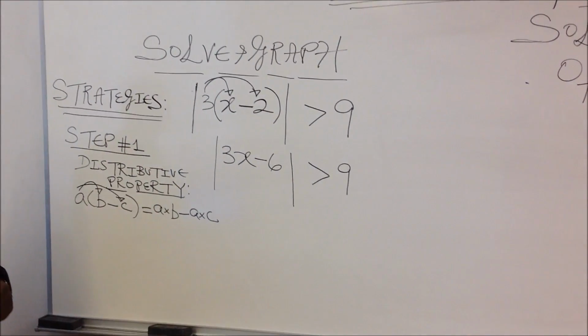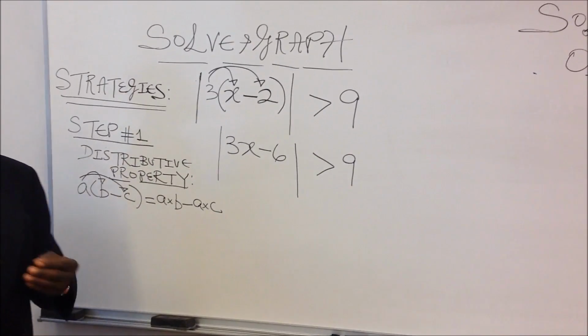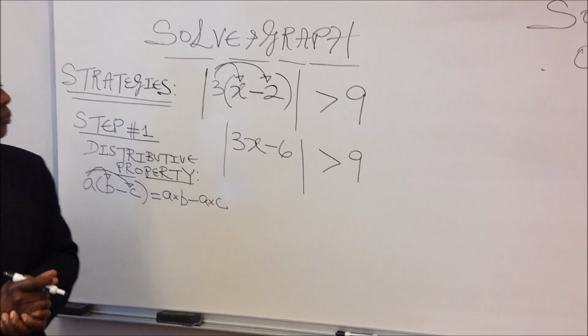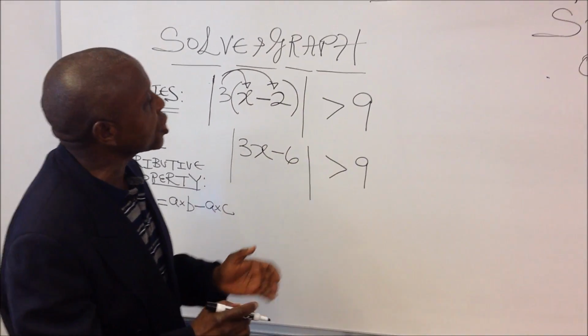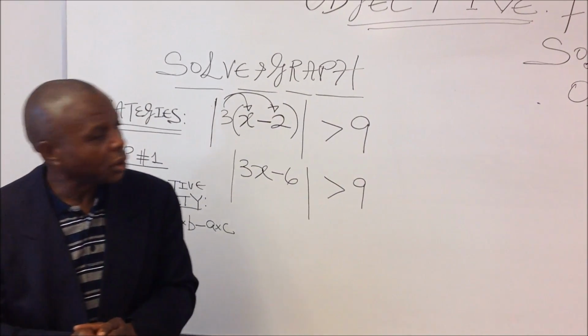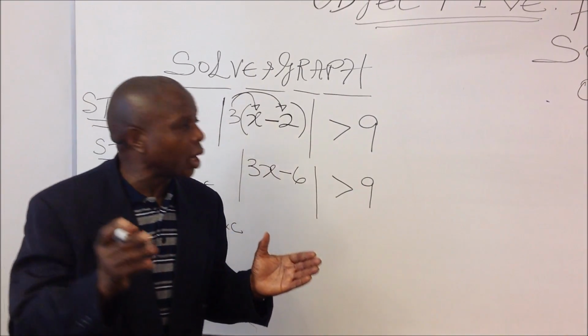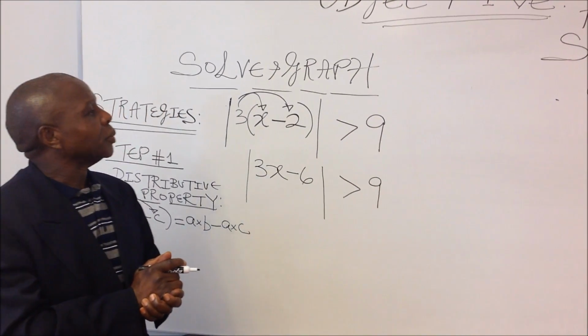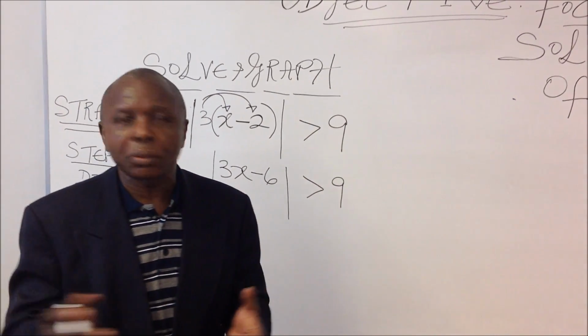So what will be our next step in this strategic problem solving process? At this point, we are going to use a famous law in algebra. A law is also known as a rule.